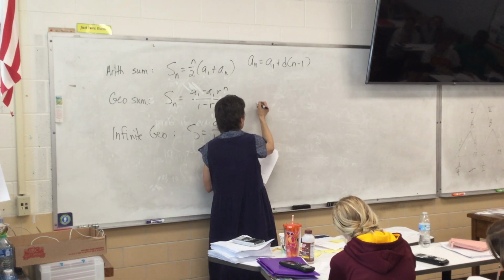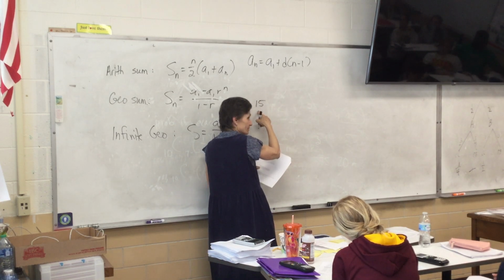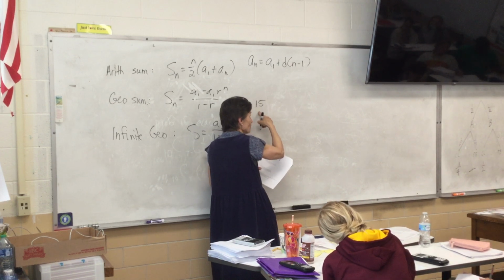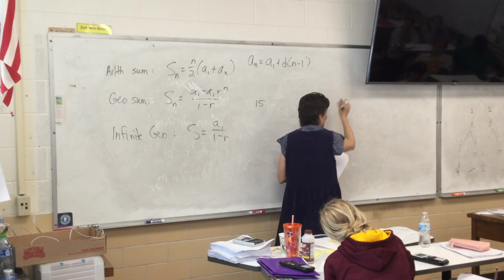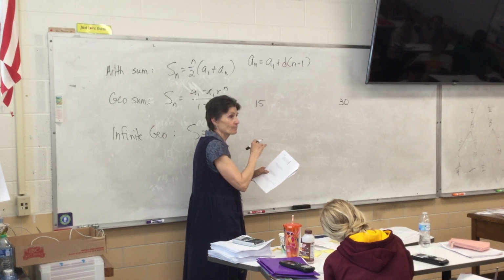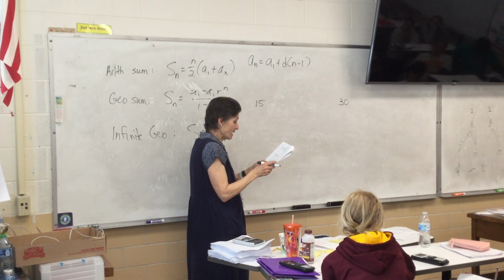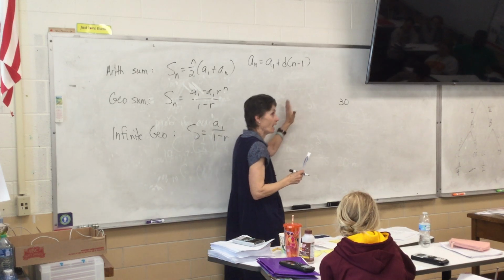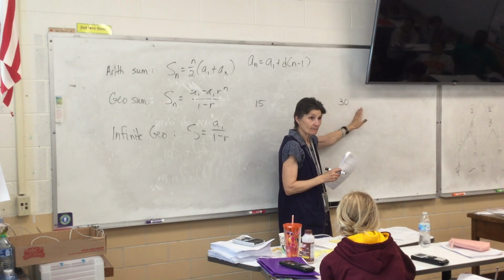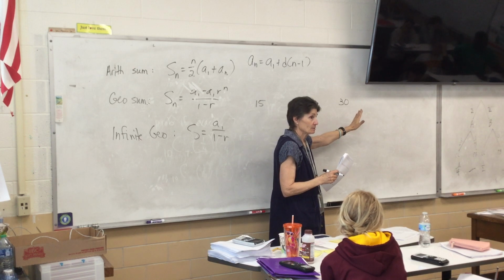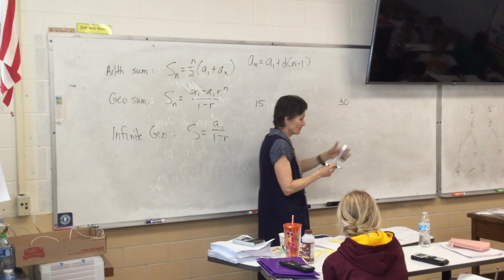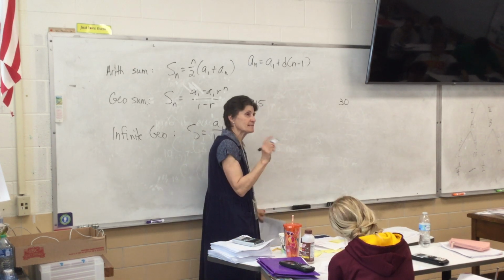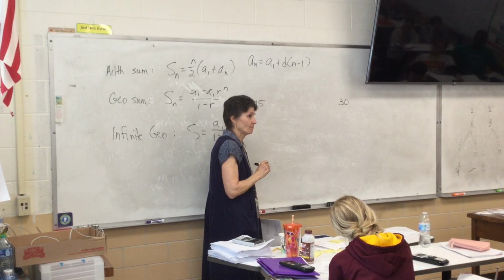She says, okay, so I got 15 tiles in the first row, and I've got 30 in the last row. And they form an arithmetic sequence, which means that they are going up, right? By the same amount, all the way to the end. We know that there are 16 rows.